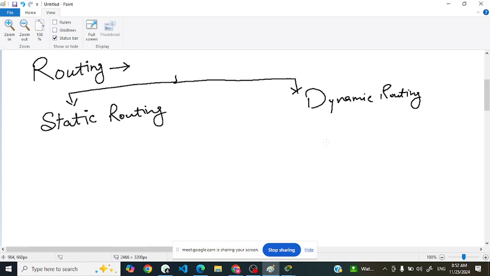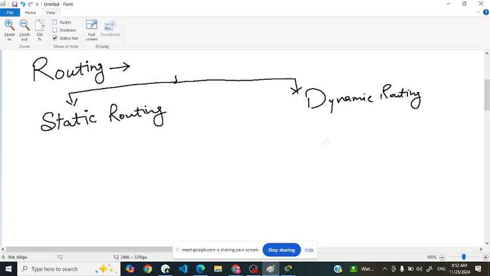Okay, guys. So, what is the meaning of routing, Lakshman? Routing is the process of selecting a path for data packets to reach their destination. The destination can be the same network or a different network. Okay.